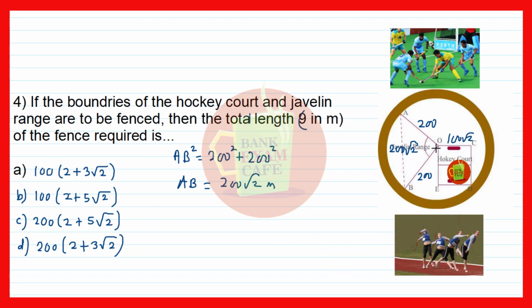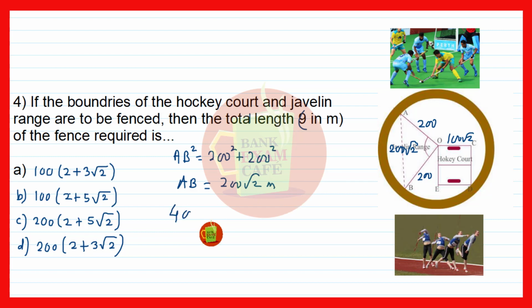Now the total perimeter of this triangle OAB and the hockey court OEDC. The perimeter of triangle OAB will be 200 plus 200 plus 200 root 2, that is 400 plus 200 root 2.